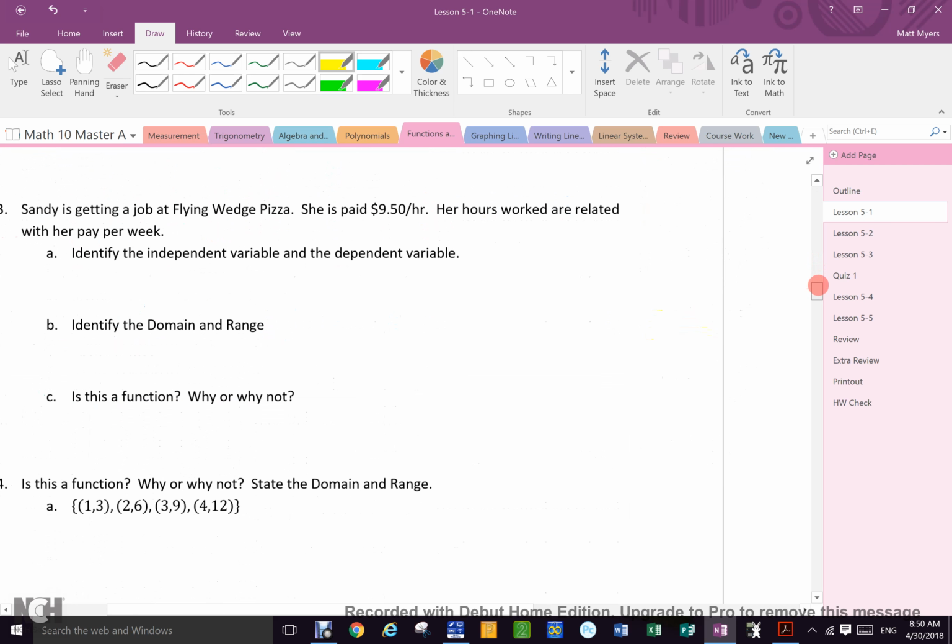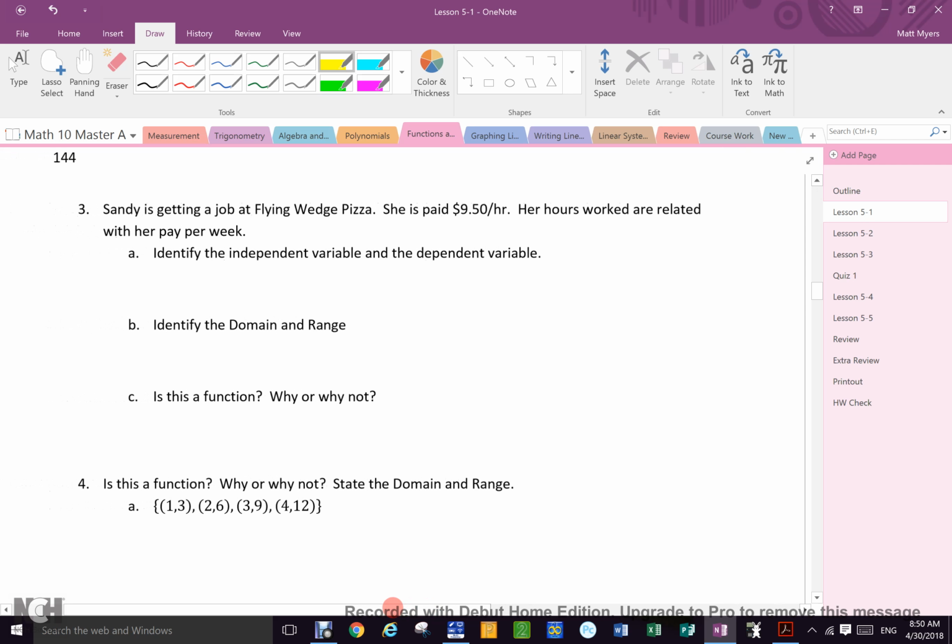Turn the page over. Sandy is getting a job at Flying Wedge Pizza. She's paid $9.50 an hour. Her hours worked are related with her pay per week. Yes? Okay. You can tell how old the notes are because it has minimum wage below $10, but we'll leave it at that. So, what is the independent and the dependent variable? Talk to your neighbor.